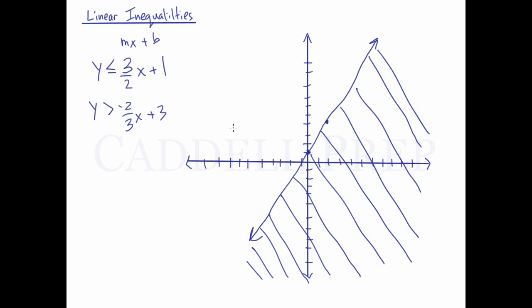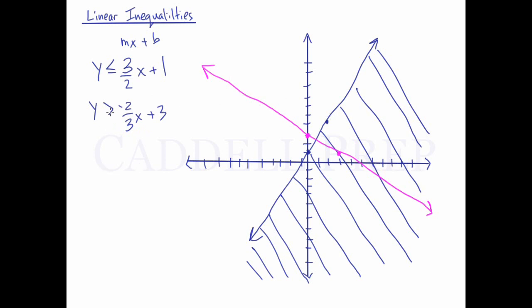That means the y-intercept is 3, and it has a slope of negative 2/3, so down 2 and over 3. If I was going to sketch this, it would look something like this. Just this part, if it was a regular line, negative 2/3 x plus 3.